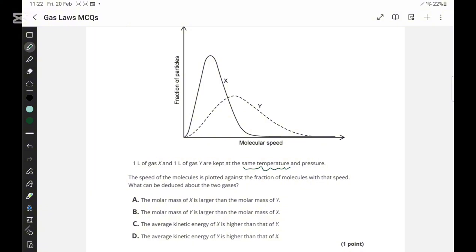Now the reason could be molecular mass. So particles with greater molecular mass have low speed. So which is going to have low speed?